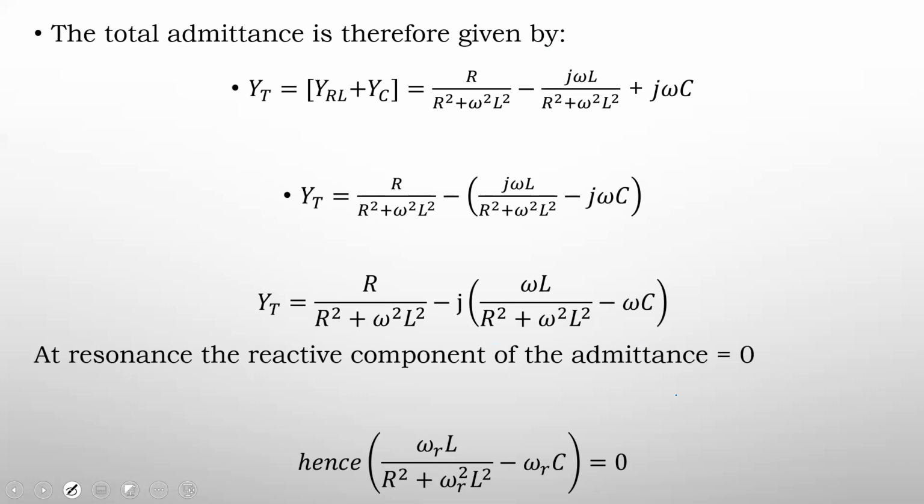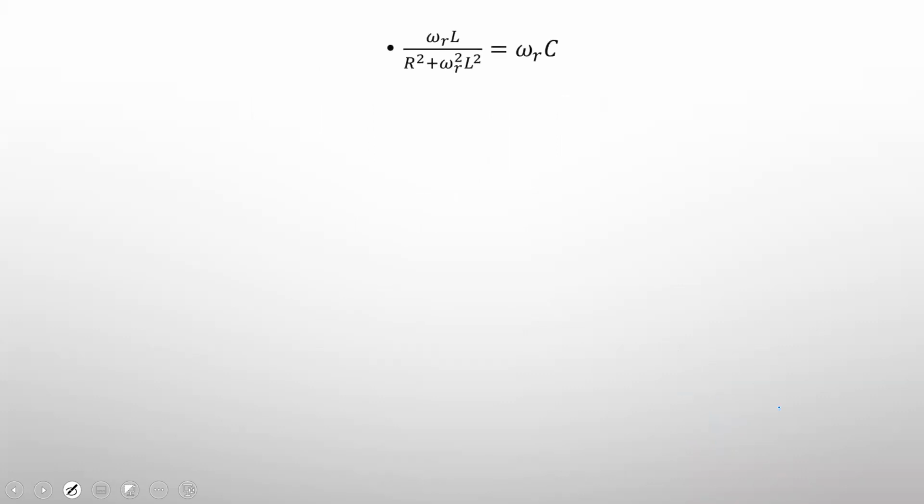All right, next. My objective is to find an expression for the resonant frequency. So it means I need to rearrange this equation to make omega R the subject. So let's do that. Because that's equal to 0, we get the expression as shown.